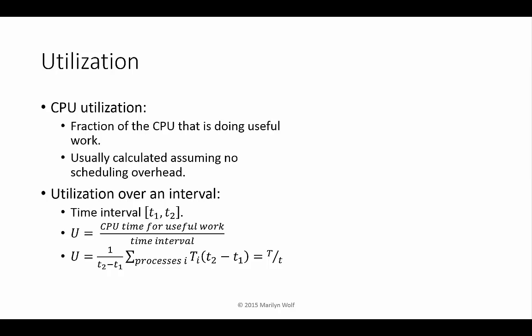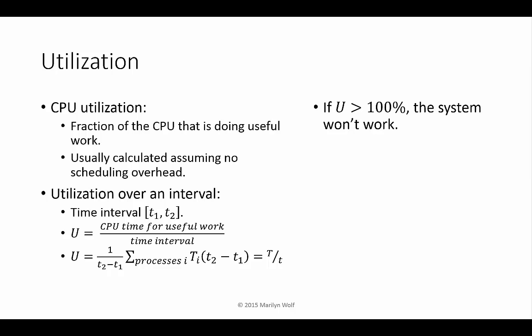Utilization is the ratio of the CPU time used for useful work over the length of that time interval, which we can rewrite as 1 over T2 minus T1, which is the length of that time interval, times the sum of the execution time of all the processes. Capital T sub i is the execution time of process i, and we use T2 minus T1 in parens to show that we're interested in the execution time over that particular interval. Sometimes we may abbreviate this simply as capital T over small t.